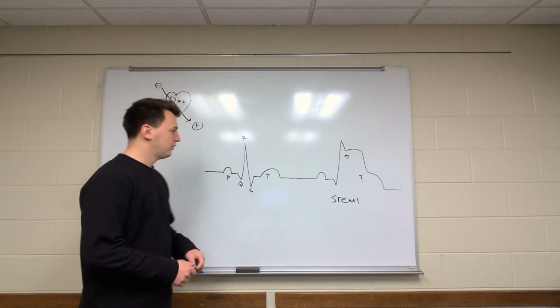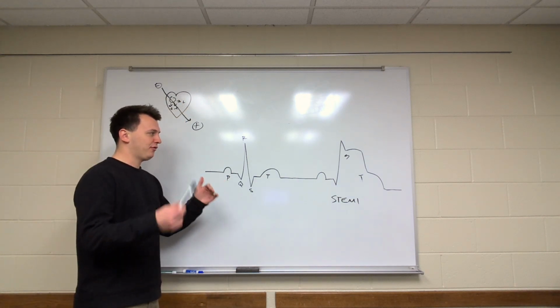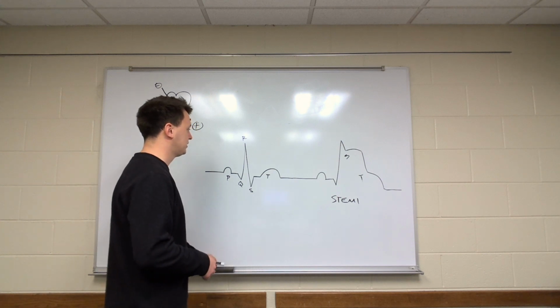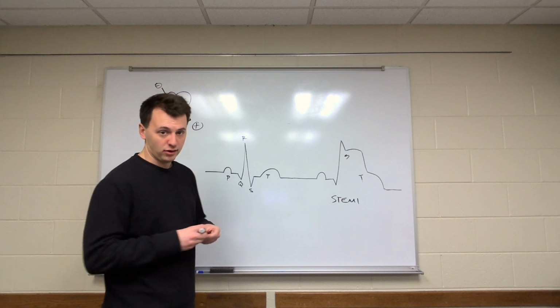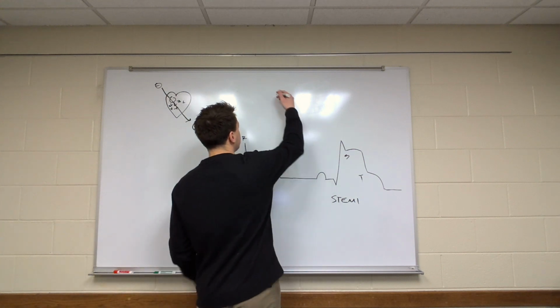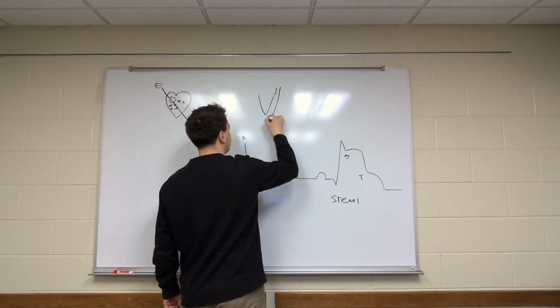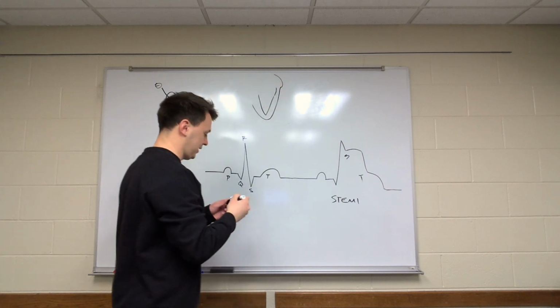And to explain what's going on with an ST elevation myocardial infarction, we have to talk a little bit about coronary arteries. So let's zoom in to the heart, into the ventricle at least. This is the ventricle, aorta, atria is up there.